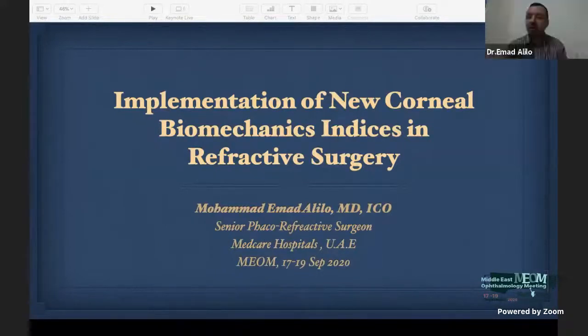And from my experience, SMILE is less inducing of high order aberrations than LASIK. This is evidence-based, with so many studies. And second, it's a little bit forgiving. The optical zone is 6.5. The static track system for SMILE is one of the important issues that we will address.